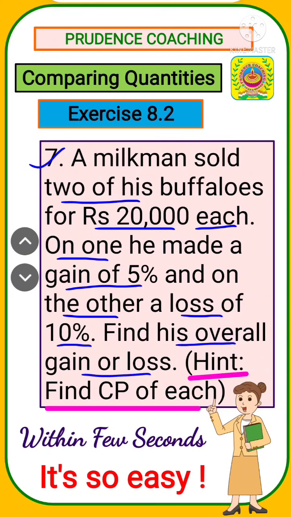So my dear students, here we have two conditions, but in each of the two conditions the selling price of the buffaloes is the same, that is 20,000 each, but on one the milkman has gained 5% and on the other he has lost 10%.